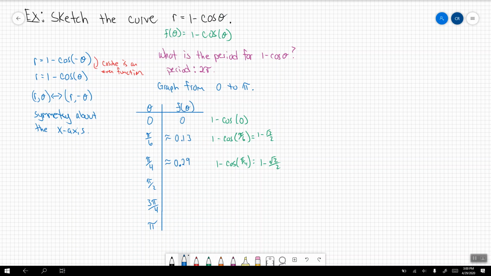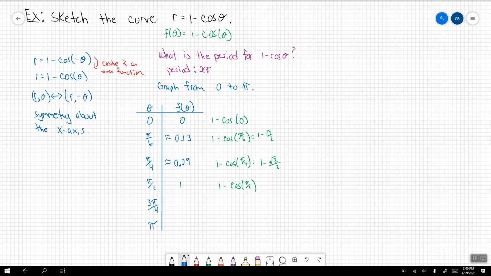Right, so here we go. Next one, pi over 2. We substitute in pi over 2, cosine at pi over 2. Cosine at pi over 2 should be 0, so 1 minus 0 should just get me 1. All right, looks pretty good. Let's keep going.